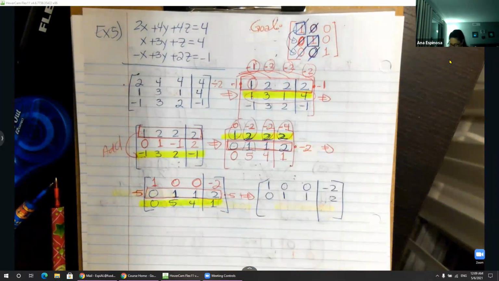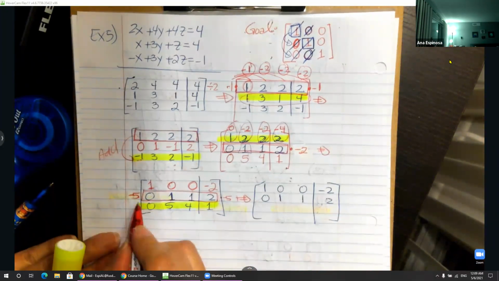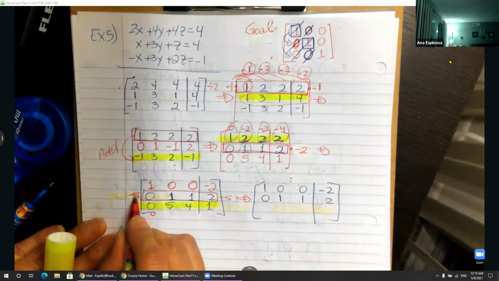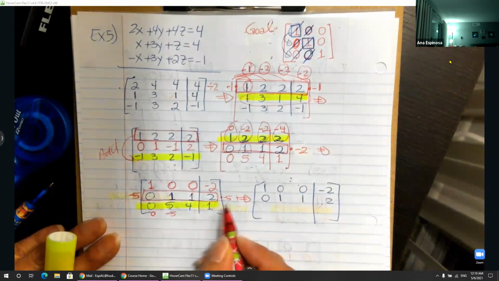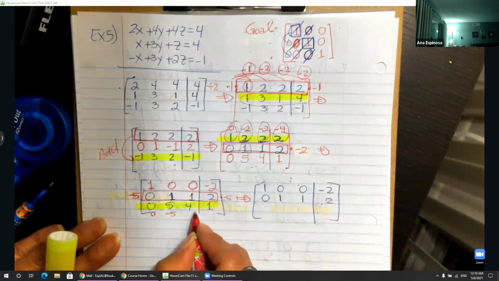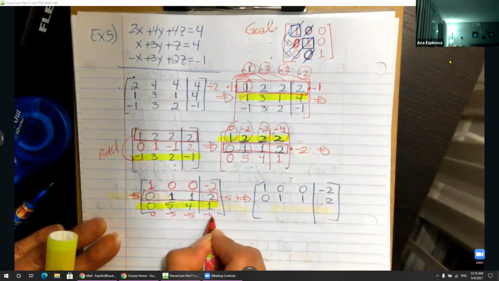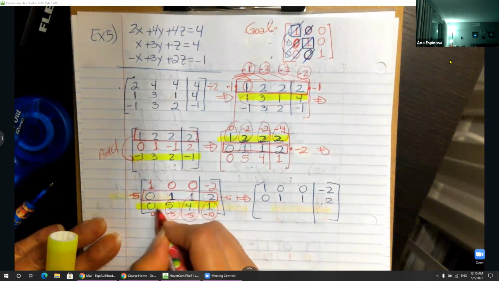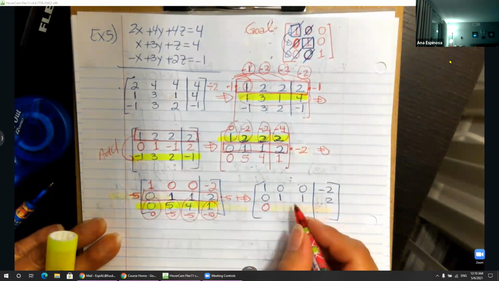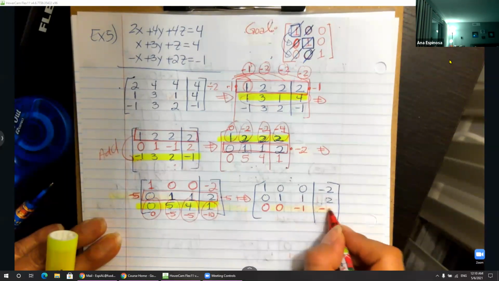Okay. I'm going to multiply. These two give me a 0. These two give me a -5. That's a -5. -5 times 2 is a -10. And then I'm going to add. That's a 0, 0, -1, -9.